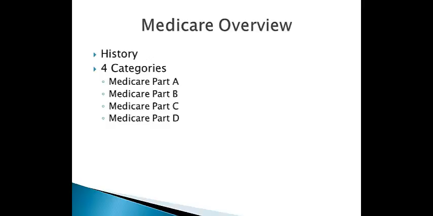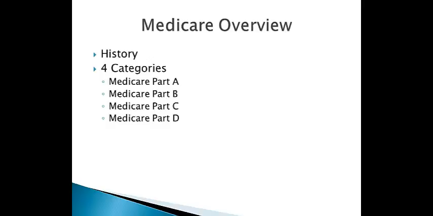Medicare is divided into 4 categories: Parts A, B, C, and D. Medicare Part A is the hospital insurance. It covers inpatient hospital stays, care in a skilled nursing facility, hospice care, and some home health care. Medicare Part B is the medical insurance. It covers certain doctor services, outpatient care, medical supplies, and preventive services.